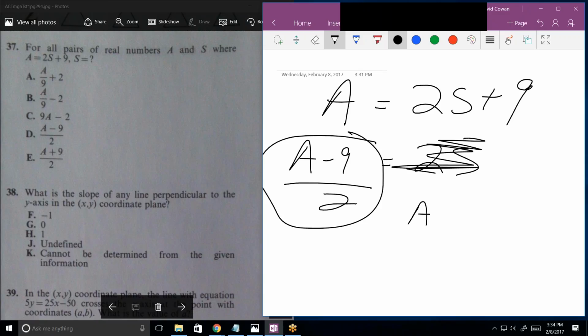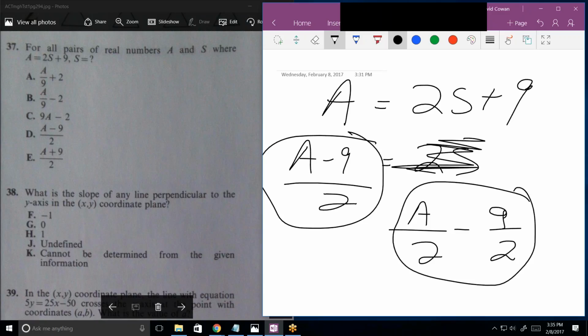What they could have put on there is this. For some reason, I remember that's what they had on there, not the thing you would get immediately when you solved it. Do you see why these are equal? Yeah, because they're still both being divided by 2. As long as you have a single entity in the denominator, you can split it up into 2 fractions.